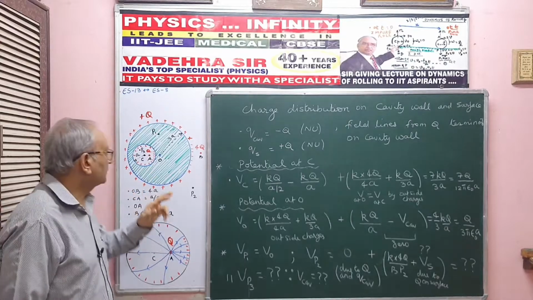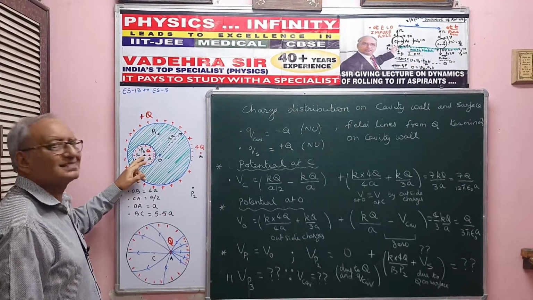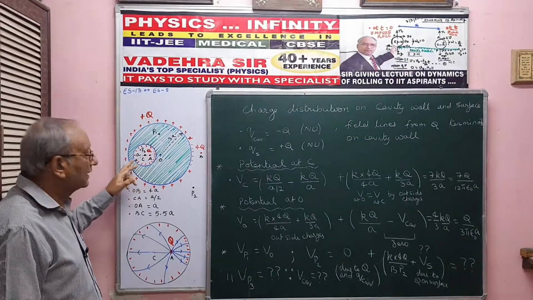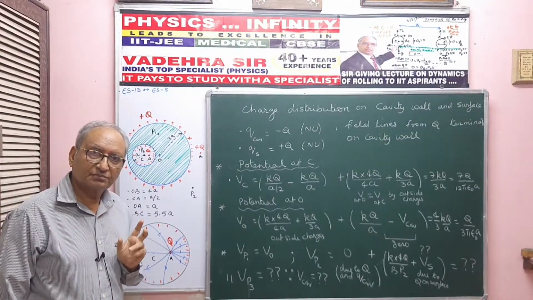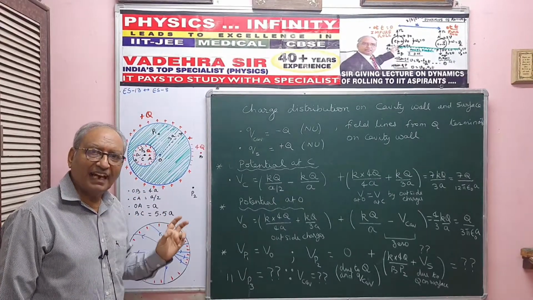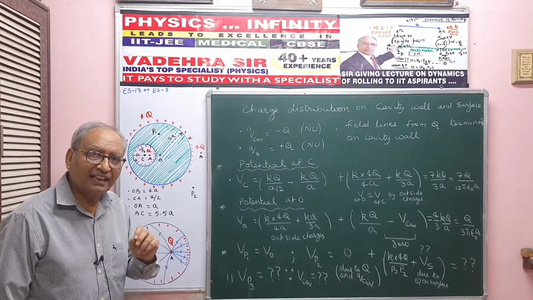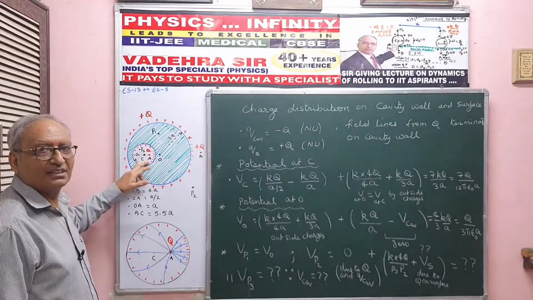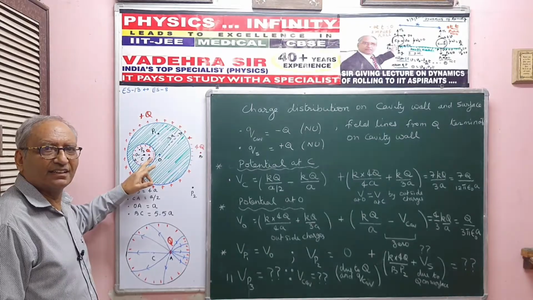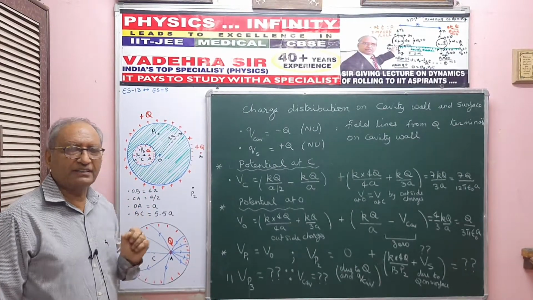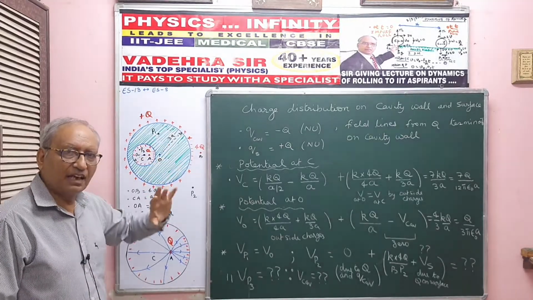Okay, suppose Q is at C, then in that case the charge on the cavity will be minus Q but uniformly distributed, and in that case the contribution of Q and minus Q on the cavity will become 0 at all points in the conductor outside the cavity.